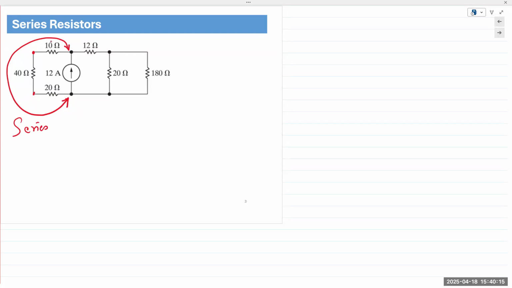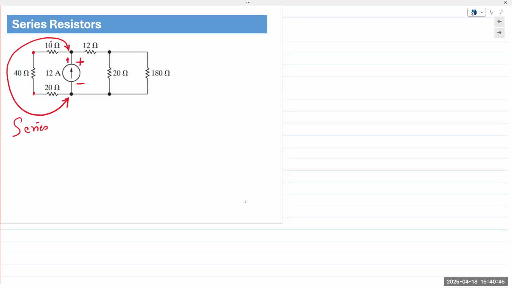So if they are in series, what is the voltage across the 12 amp source? Anyone? Well, the answer is we can't find it directly. Because if you think about it logically, current goes at the top, then where does it go?